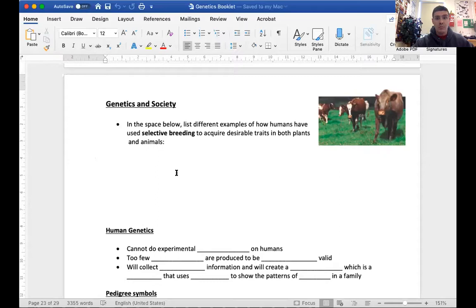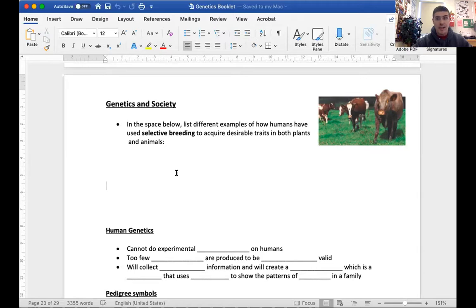Some ones that might come to mind right away are agriculture in general, gardening, growing plants, selecting plants that we want to have those desirable traits, bigger, juicier fruits and vegetables, for example. And in terms of animals, we've been doing this through the domestication of all sorts of animals.